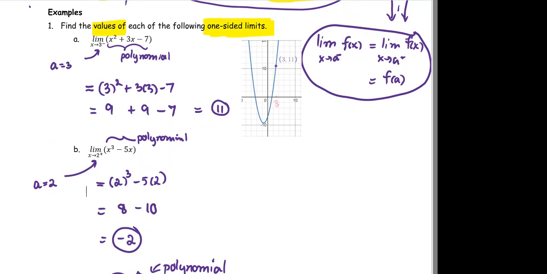X approaches 3 from the left, coming from the left side. If you trace the graph, you see the graph is connected, all smooth in one piece. The left-sided limit approaches the same function value, which is the value 11. So in a graphical way, for the polynomial function, the function value, the two-sided limit, and the one-sided limit are all the same.